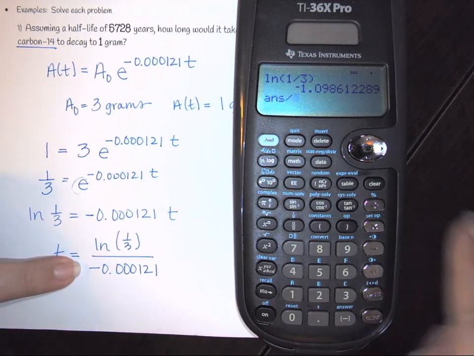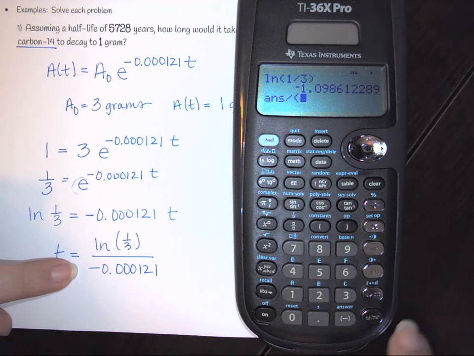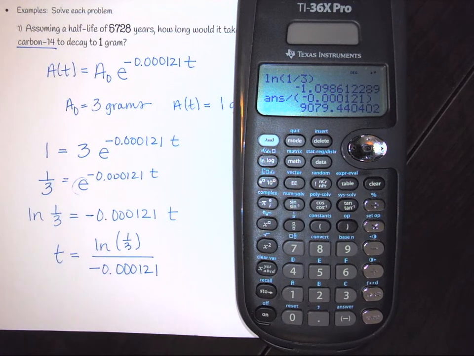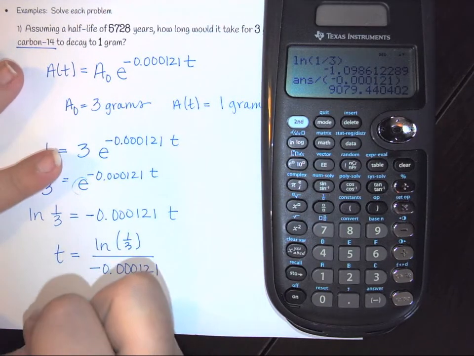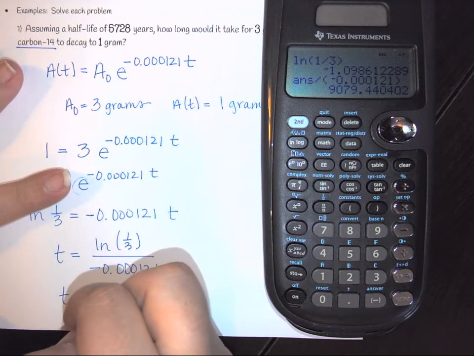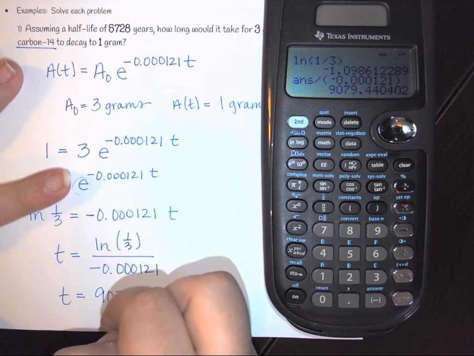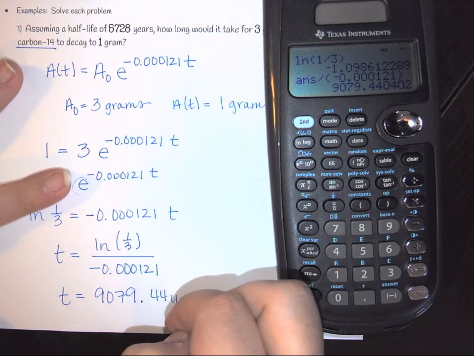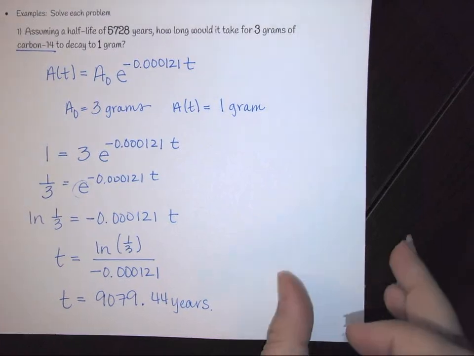So I'm going to hit division, open a parentheses and do negative 0.000121. Close your parentheses and hit enter. So this tells us it's going to take 9,079.44 years. Okay, so here my t is going to be 9079.44 years.